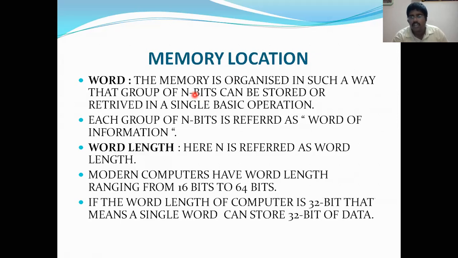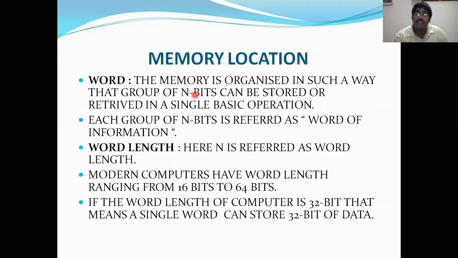Generally, the higher the word length, the higher will be the speed of operation of a computer. Because if the word size is 32-bit, what does it mean? That particular processor can perform that operation on 32 bits in a single clock cycle.